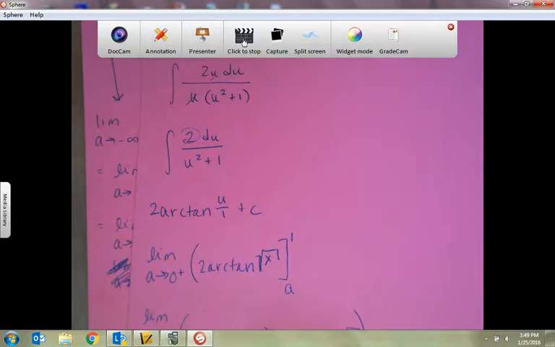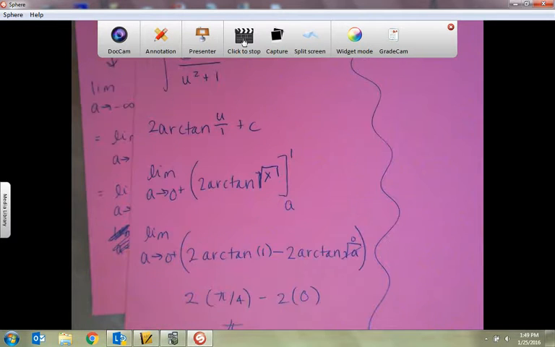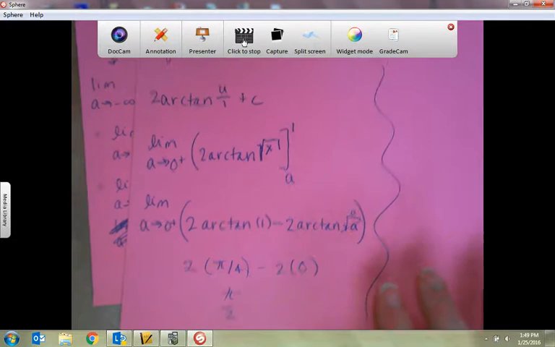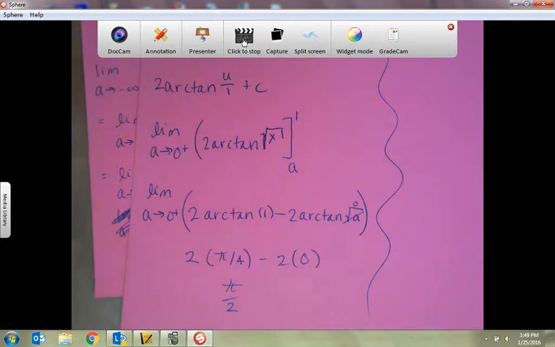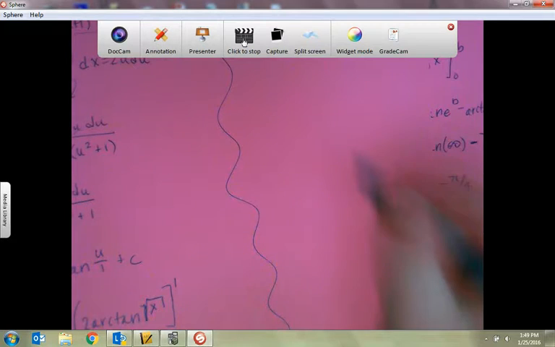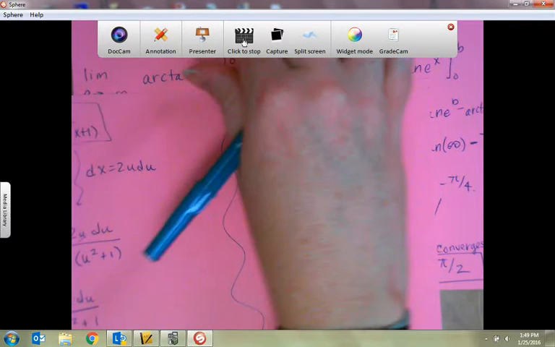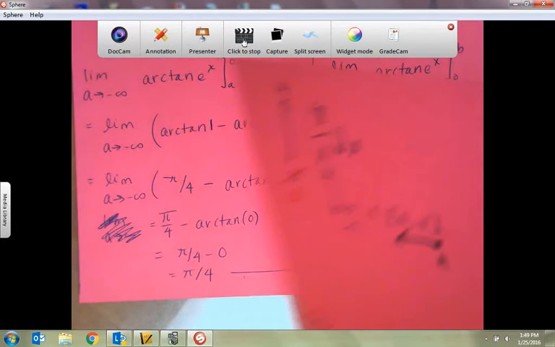As b approaches infinity of my 2 arctan radical x, and now we're going to evaluate from 1 to b. I just used all my hard work from the one on the left that we already found for that antiderivative. I'm using it over here.